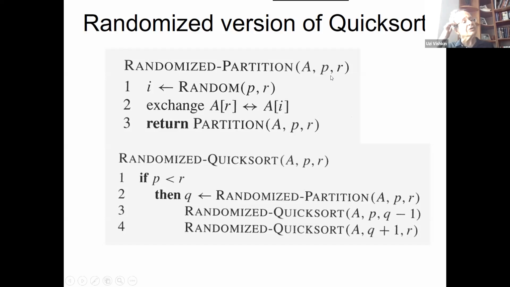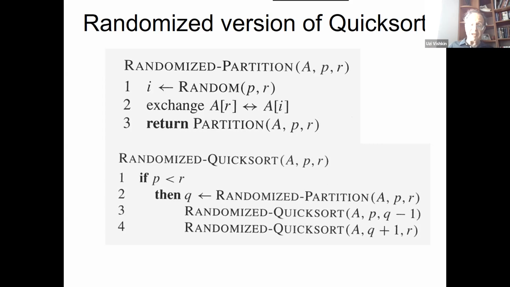So originally, we want to sort the elements in array A that had n elements, extending from index 1 to index n. But as we do the recursions, we reach a subarray that starts at location P and ends at location R. Both are integers, and R is larger than or equal to P. And then let me remind you what's going on here.